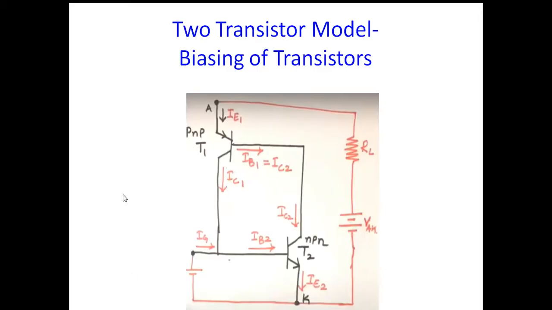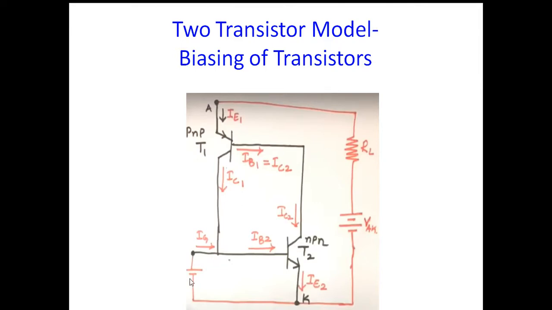The biasing of the transistors is as follows. Initially we forward bias the SCR by applying a positive voltage across the SCR. So this device will be forward biased. As we know, to conduct the SCR we require another signal, that is the gate signal.